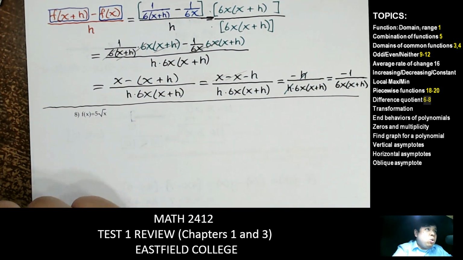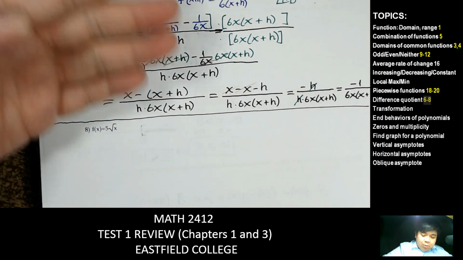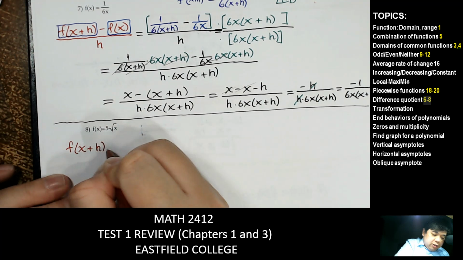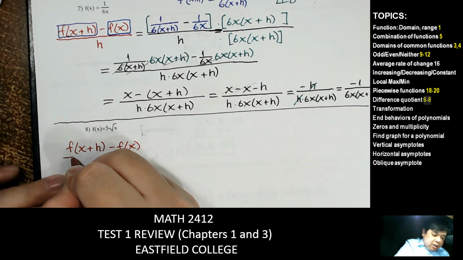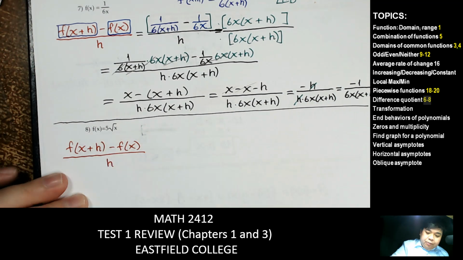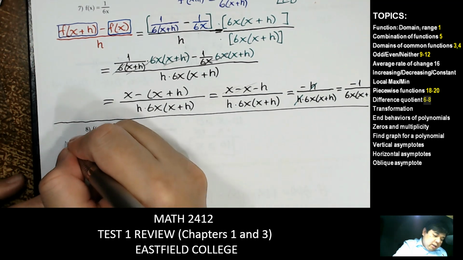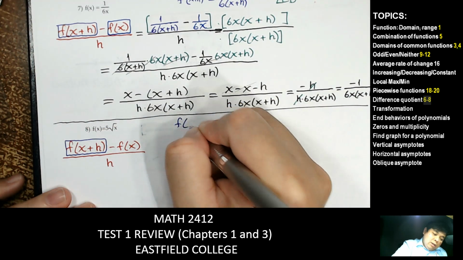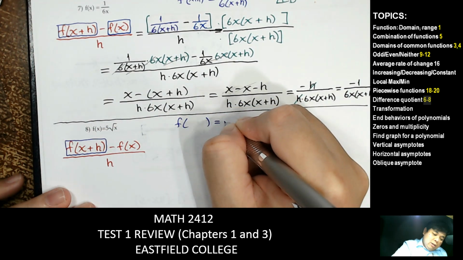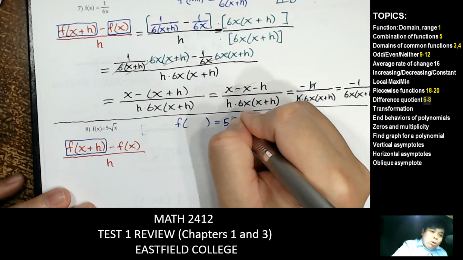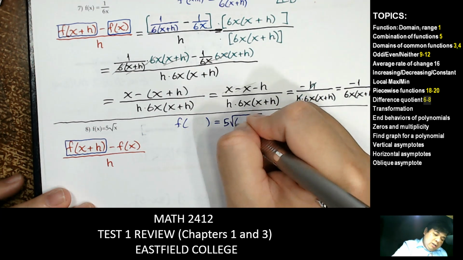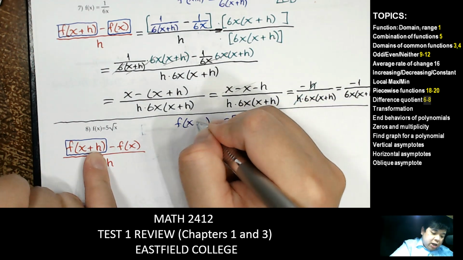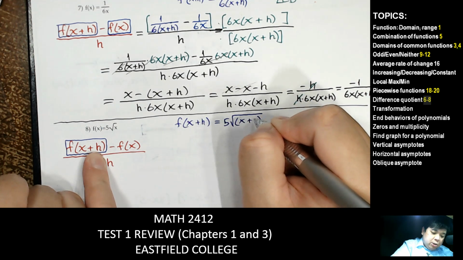Next, we have 5 square root of x. Still start with the difference quotient. This is unchanged. First, look at f of x plus h. It's going to be 5 times square root of something. And inside the parentheses is x plus h. So we're going to put x plus h.